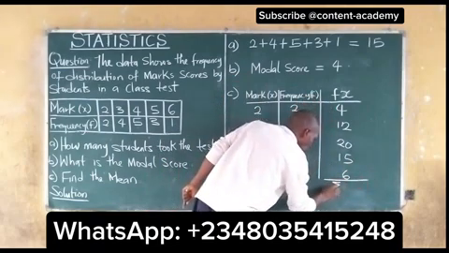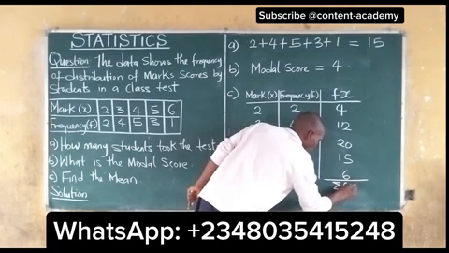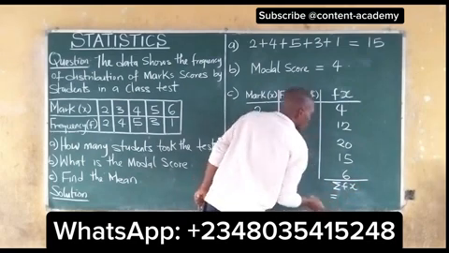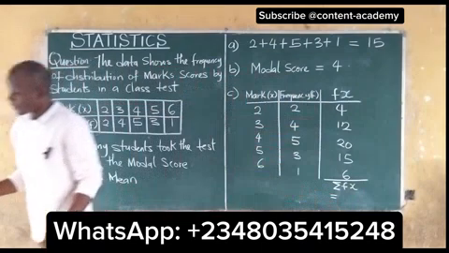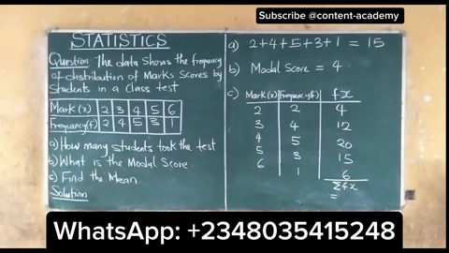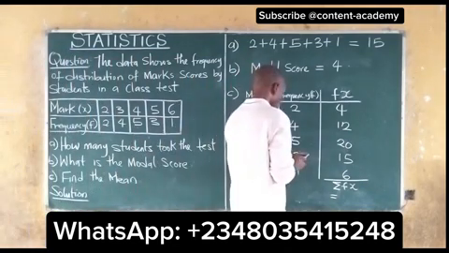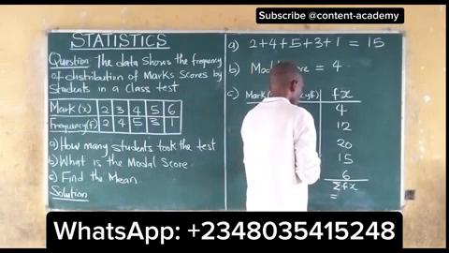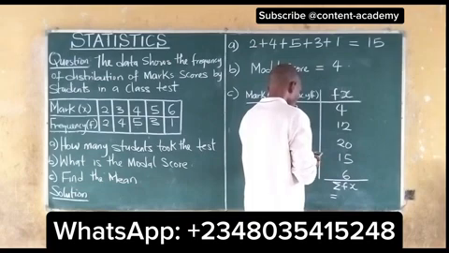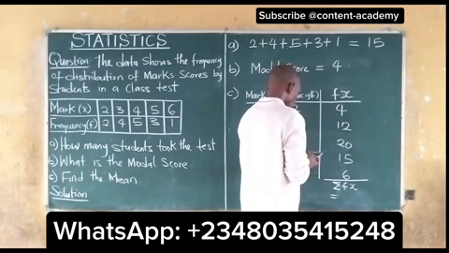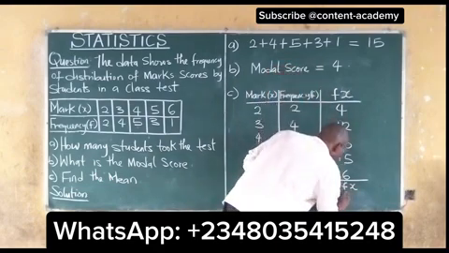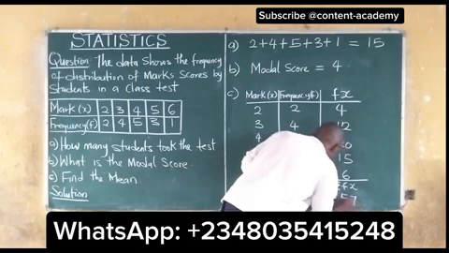So summation of f of x will be equal to 4 plus 12 plus 20 plus 15 plus 6. We have it to be 57.